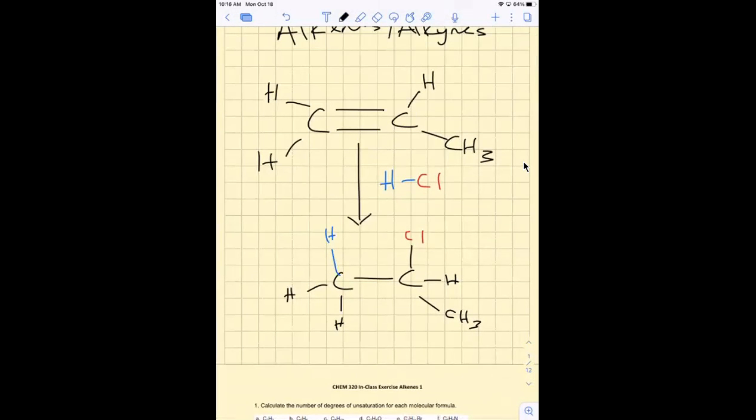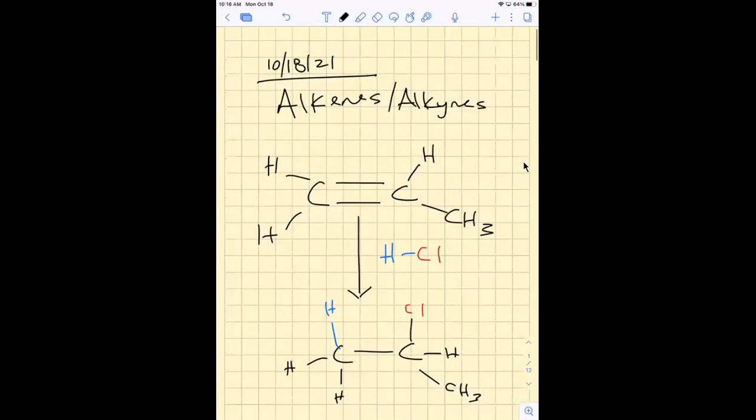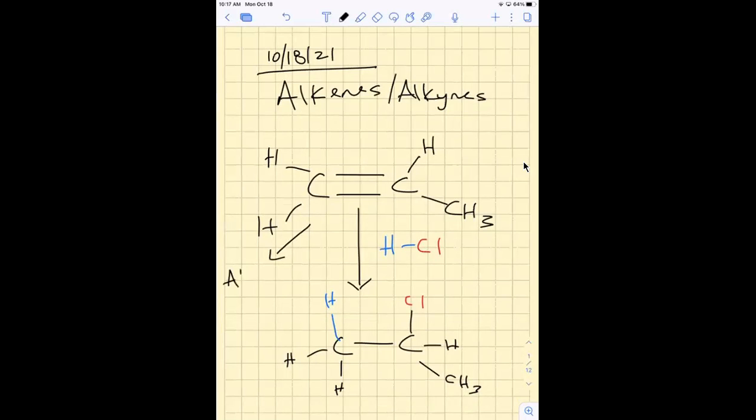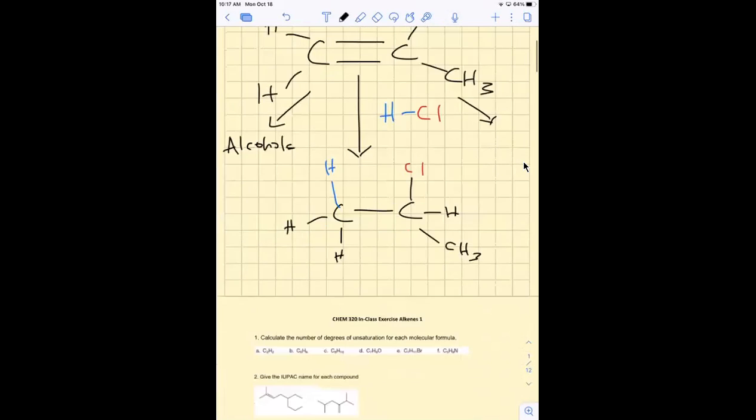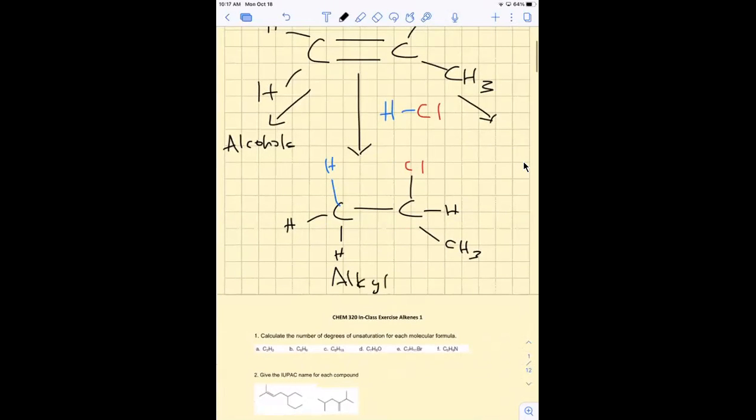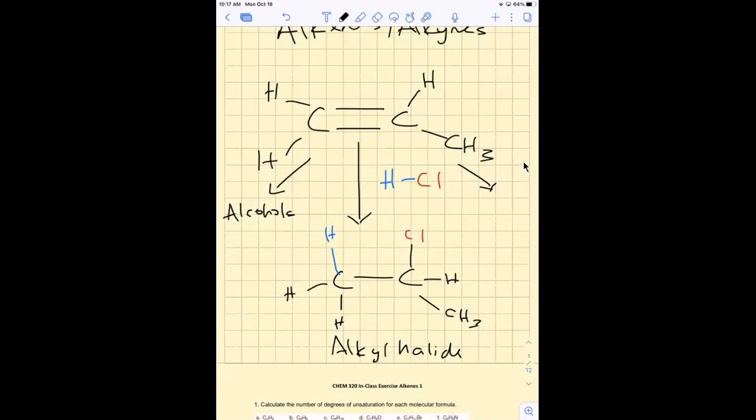Now, we're going to talk about several different types of reactions, and they're going to be classified. We can group them by what type of functional group we're converting the alkene to. So we're going to talk about alkenes getting converted into alcohols, alkyl halides, and carbonyls.